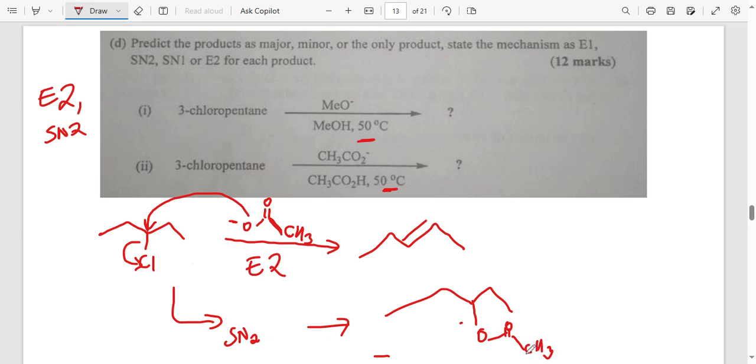Is that okay? It's a weak base, but it's a strong nucleophile.